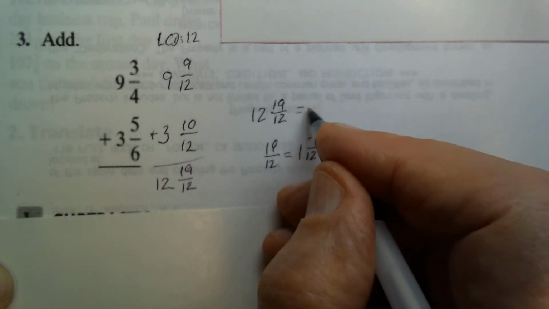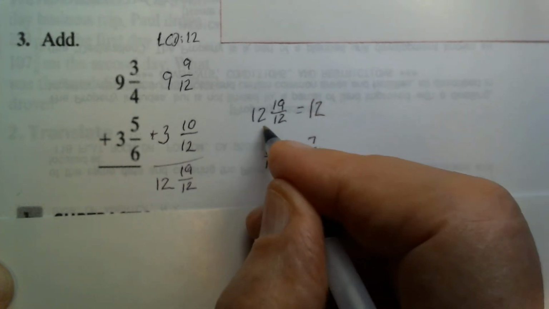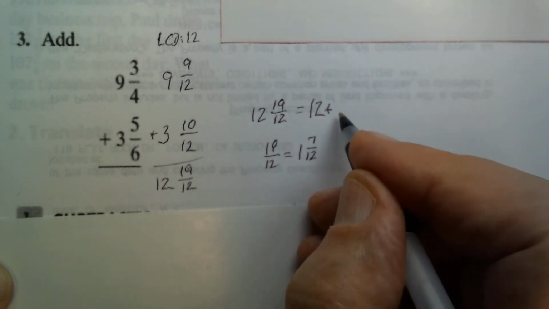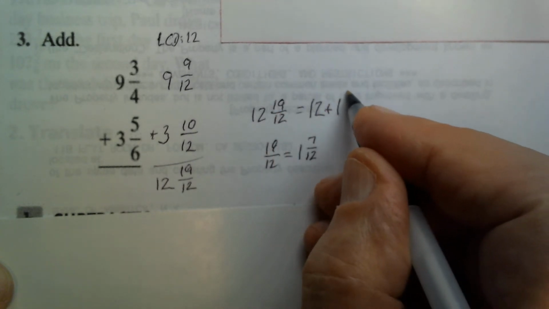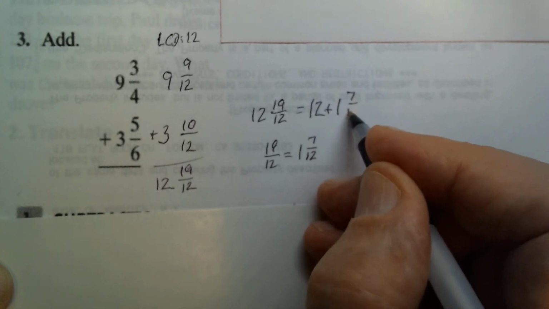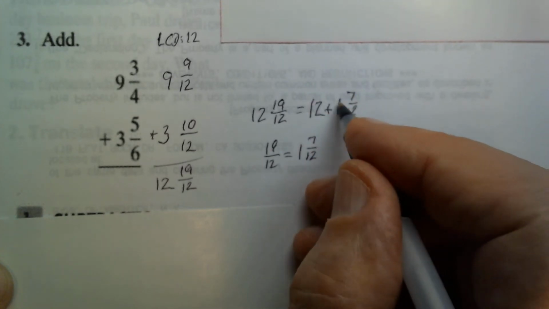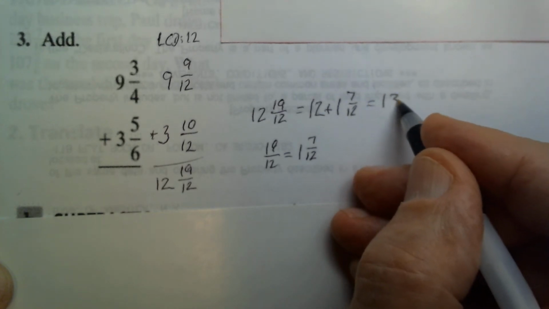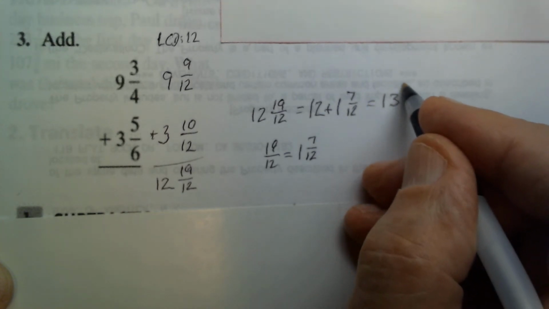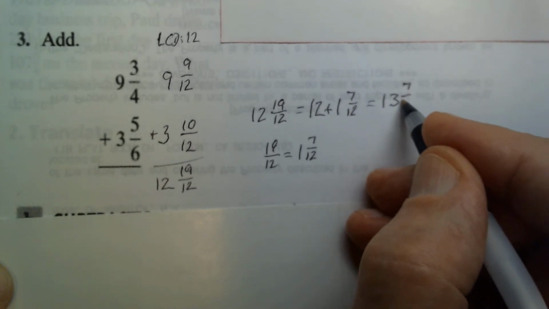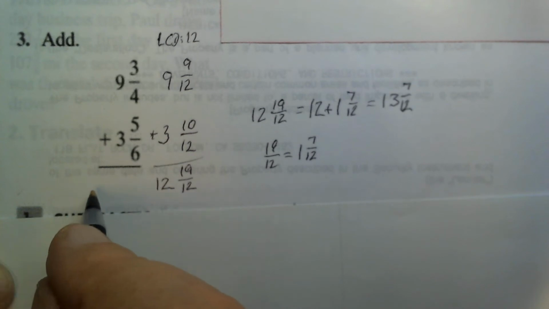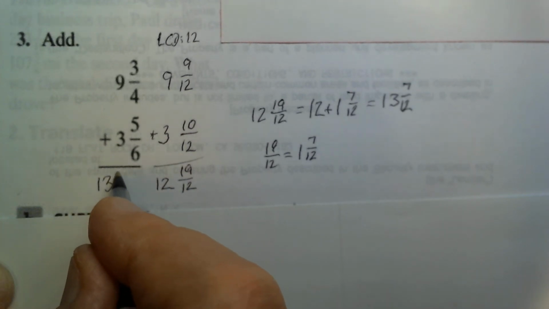So therefore we have this 12 here, plus 19/12, which is the same as 1 and 7/12. When we add the whole number parts, 12 plus 1 is 13, and 7/12. So that is the answer, 13 and 7/12.